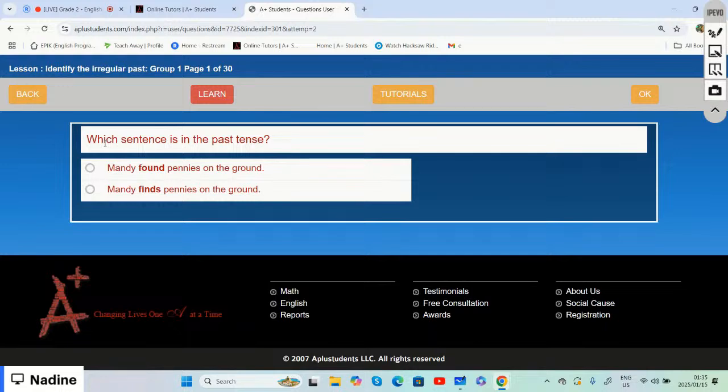Do we say Mandy found pennies on the ground, option one, or Mandy finds pennies on the ground?